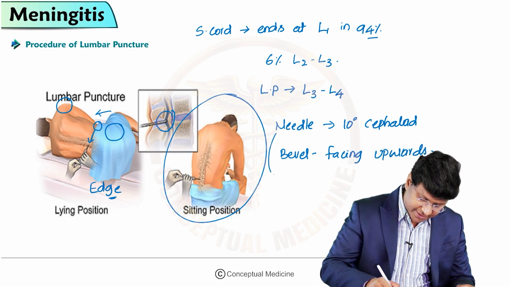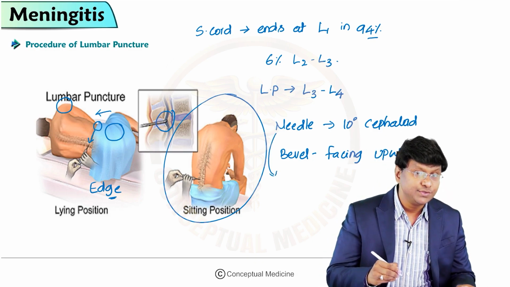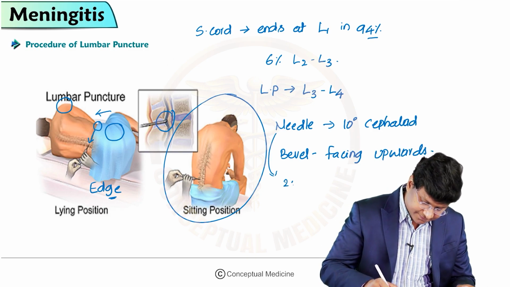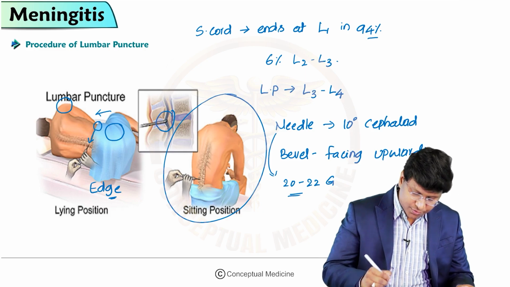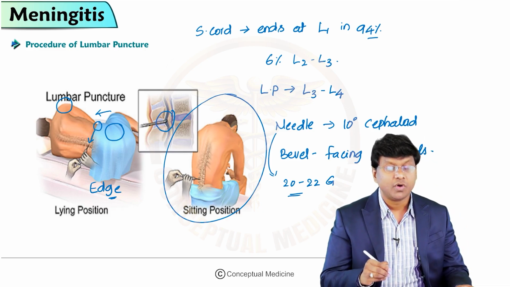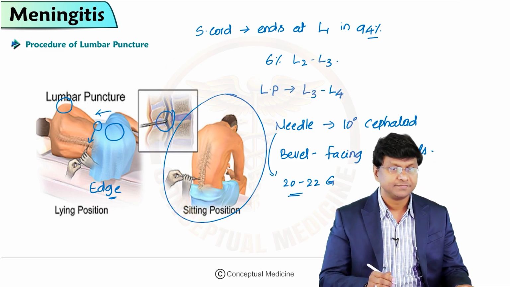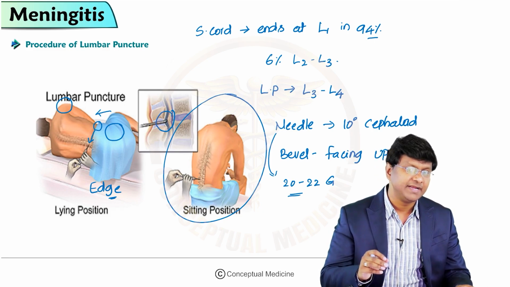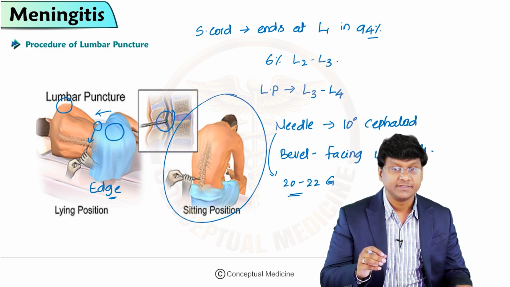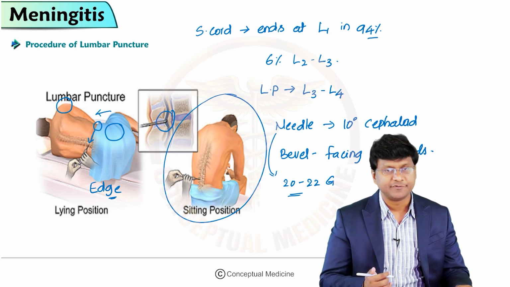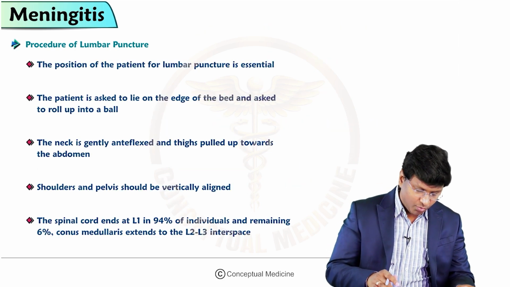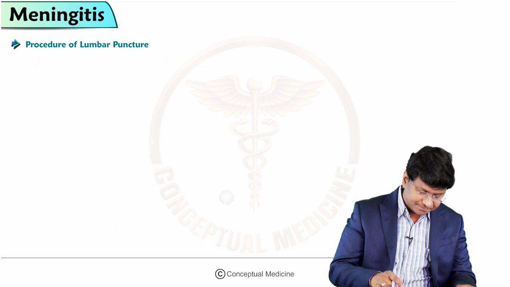The needle used typically is a 20 or 22 gauge needle and should be inserted in midline with the bevel pointing upwards. Now what is the advantage of this?